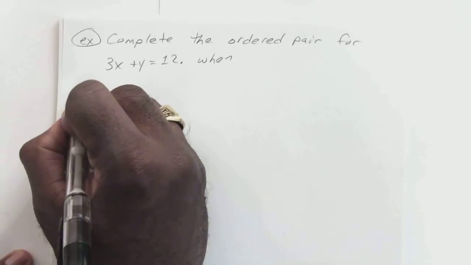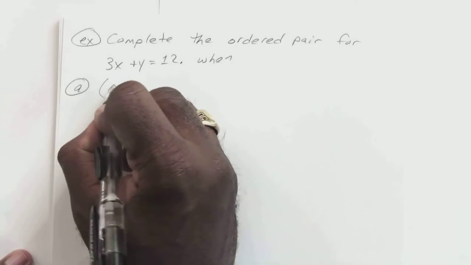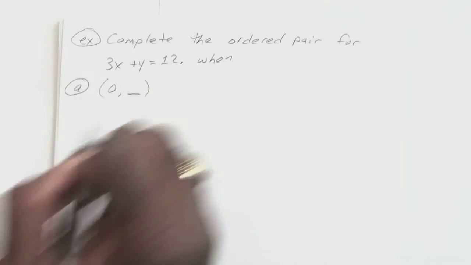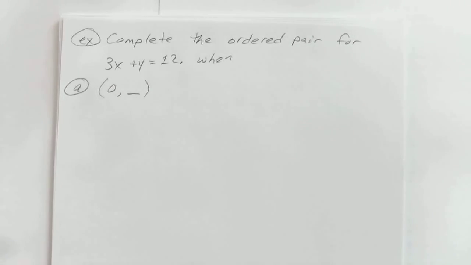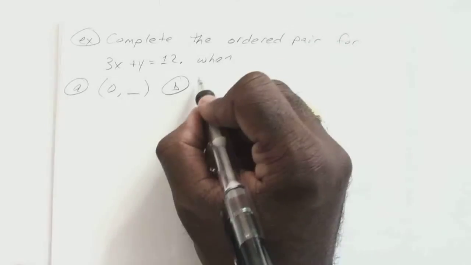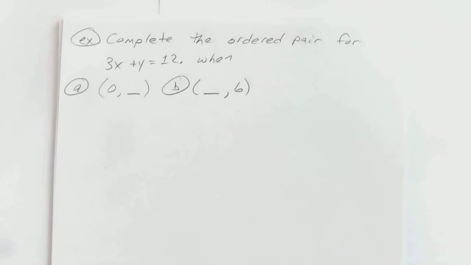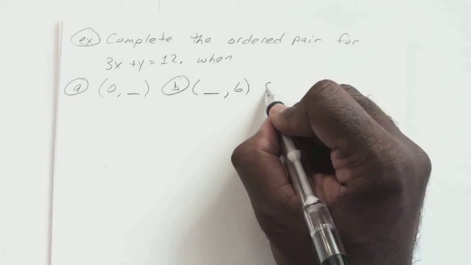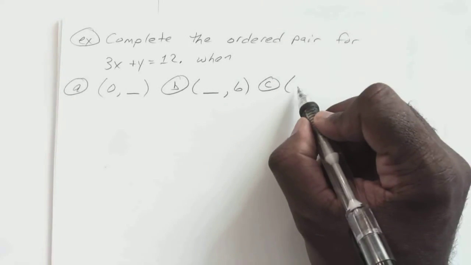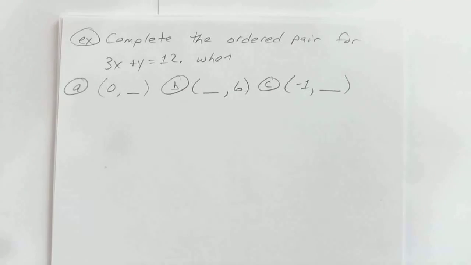Let's say for A, if you have 0 and some unknown y. Say for problem B, we have some unknown x, but we know that our y is 6. And for problem C, let's say we know that our x is -1, but we don't know what our y is.